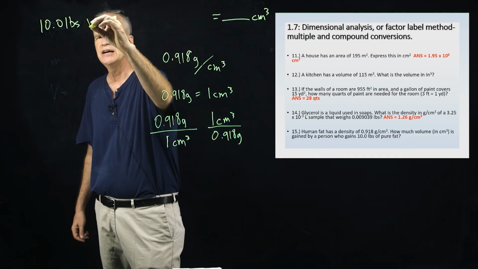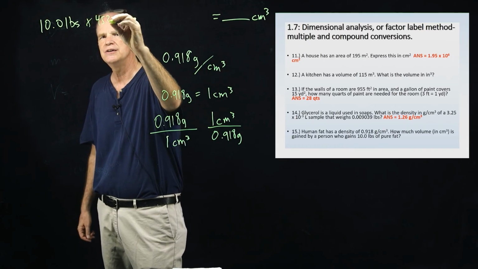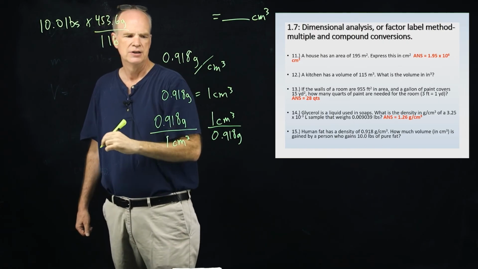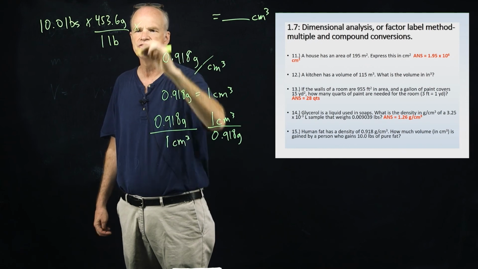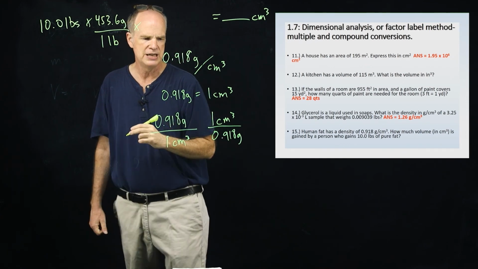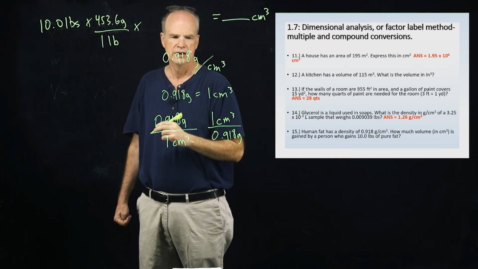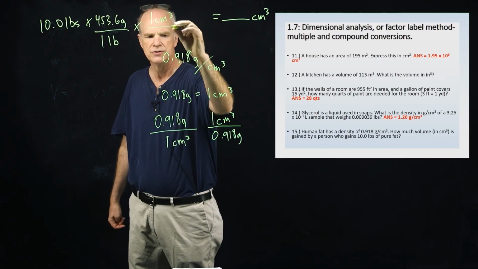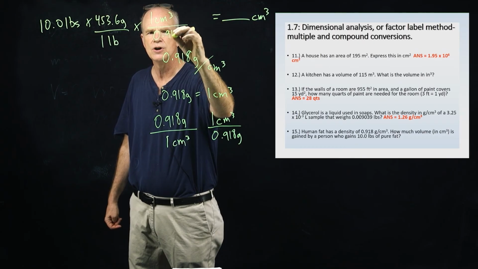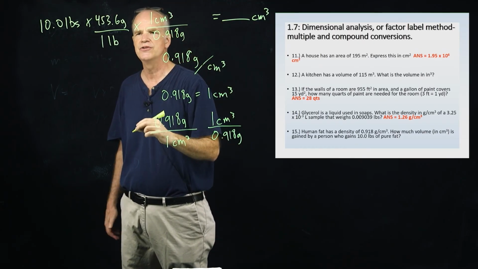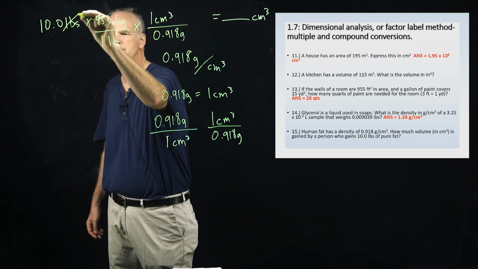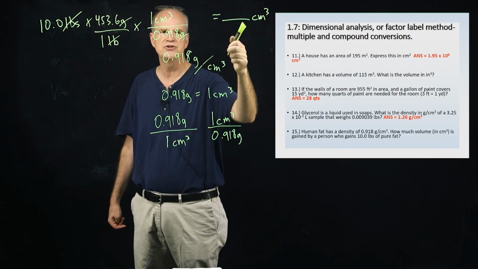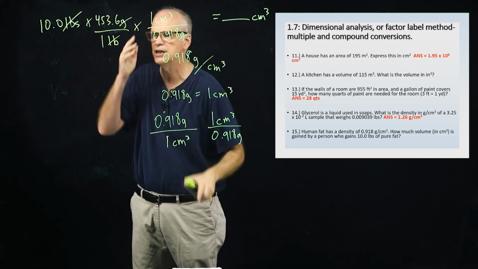So it's going to be times 453.6 grams per pound. And then the density conversion that we're going to use will be 1 centimeter cubed over 0.918 grams. Now let's see if the units cancel out. Pounds cancel out, grams cancel out, and so we should get an answer in centimeters cubed.